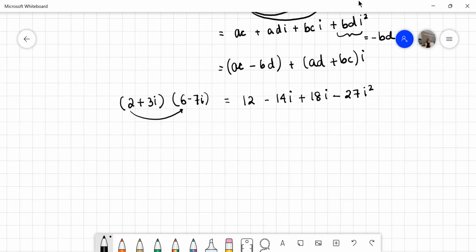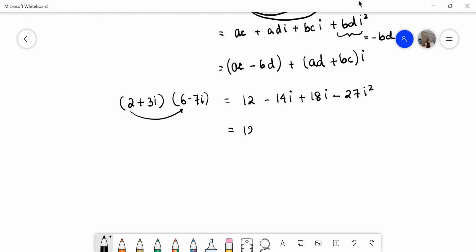And again, i squared is -1. So this becomes 12 plus 21, this is my real part, and plus 4i, this is the imaginary part. So the result of multiplying these two complex numbers is 12 plus 21, which is 33, plus 4i.